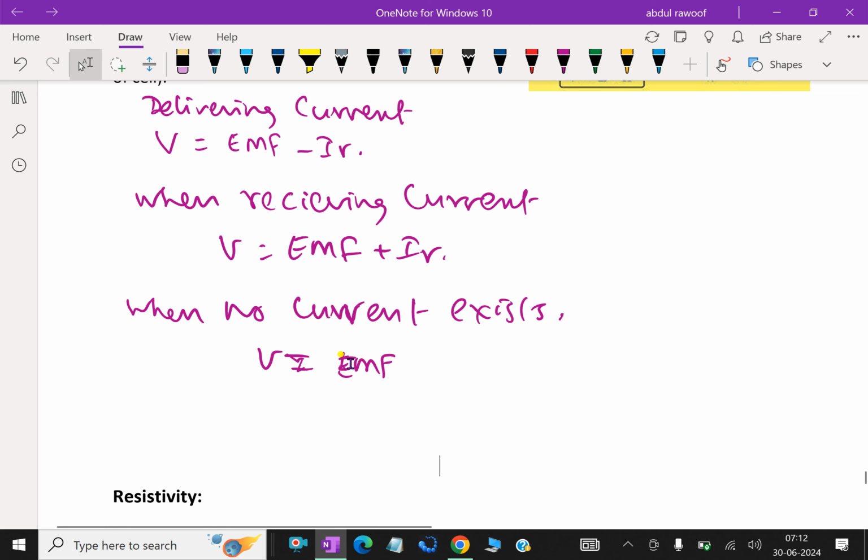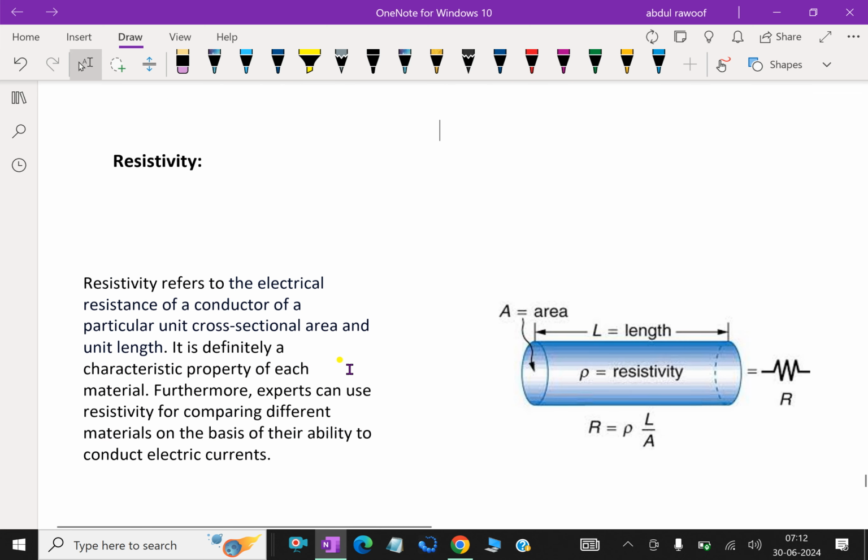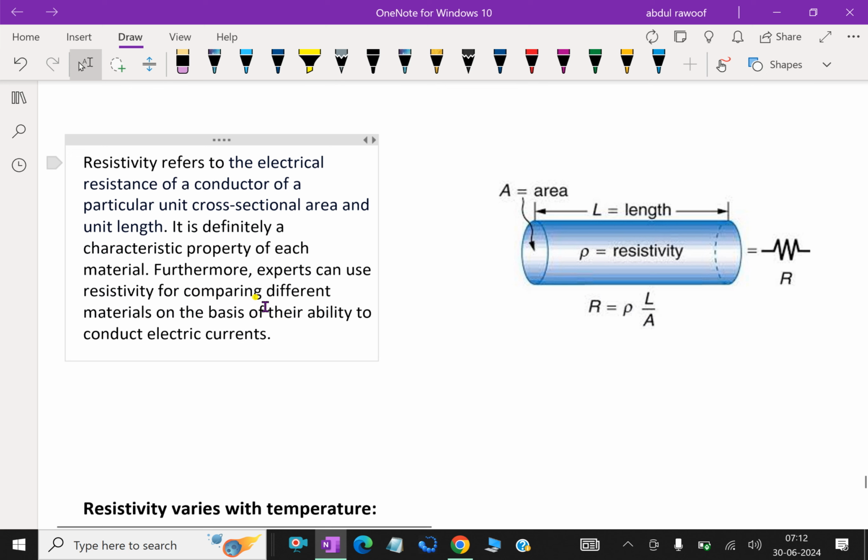Next one, what is resistivity? Resistivity refers to the electrical resistance of a conductor of unit cross-sectional area and unit length. It is a characteristic property of each material. Experts can use resistivity for comparing different materials on the basis of their ability to conduct electricity.